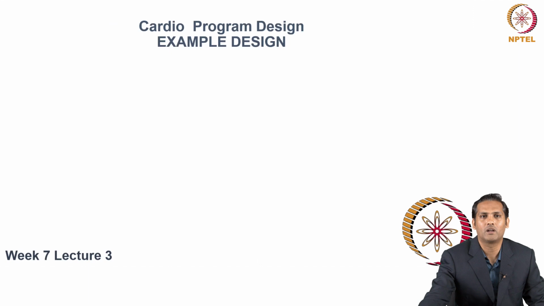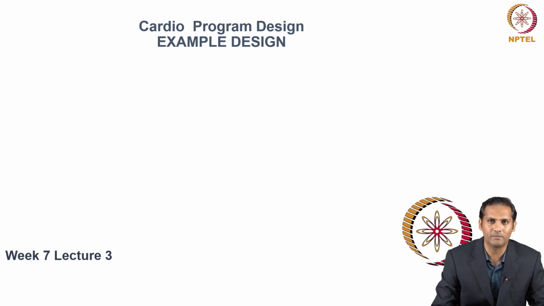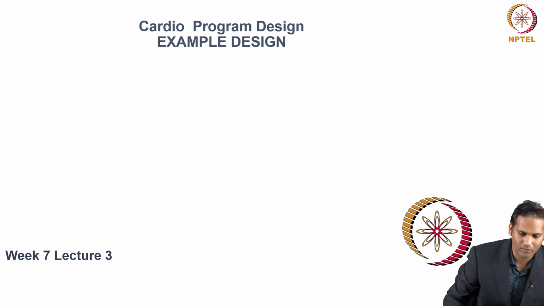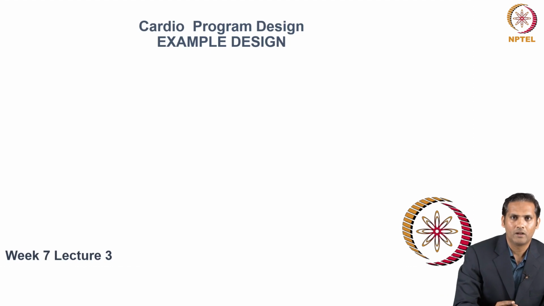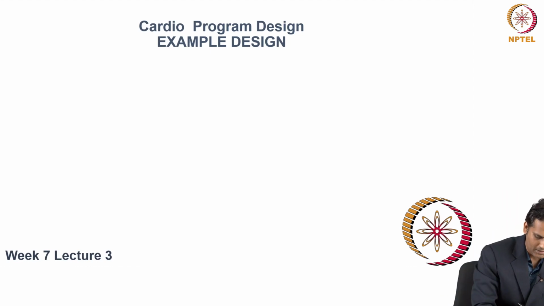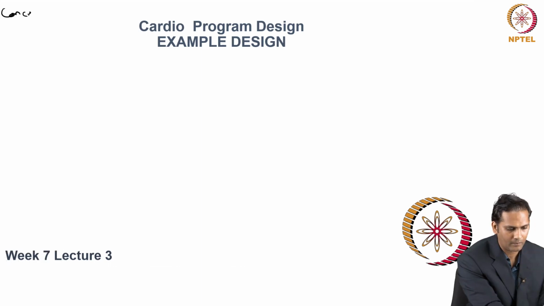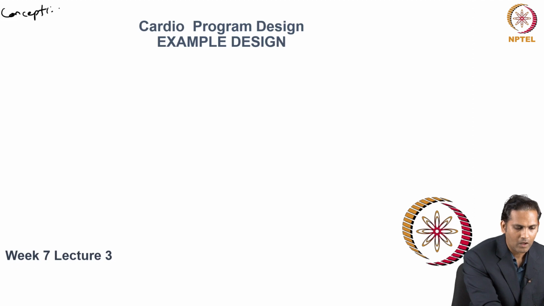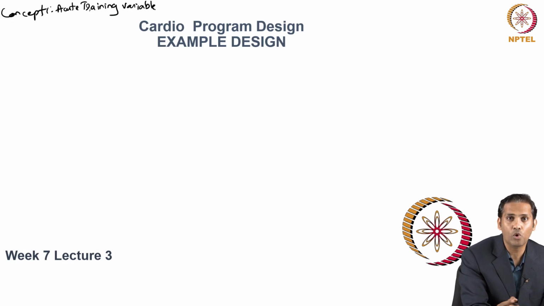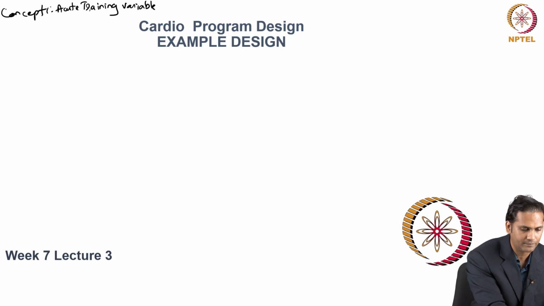Let me demonstrate a sample cardio program design for 6 weeks. You first start by applying the first concept, the acute training variable. How do you apply this concept?